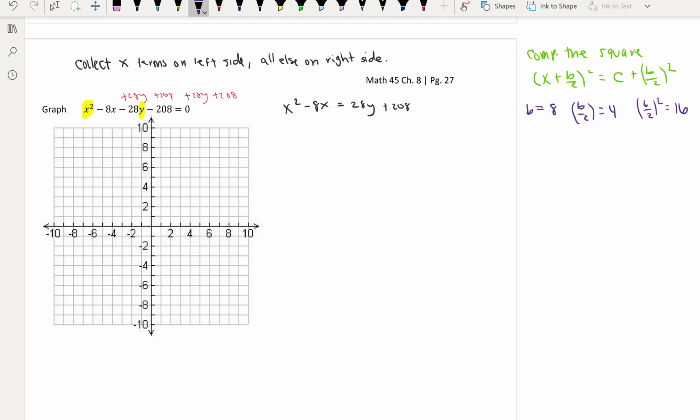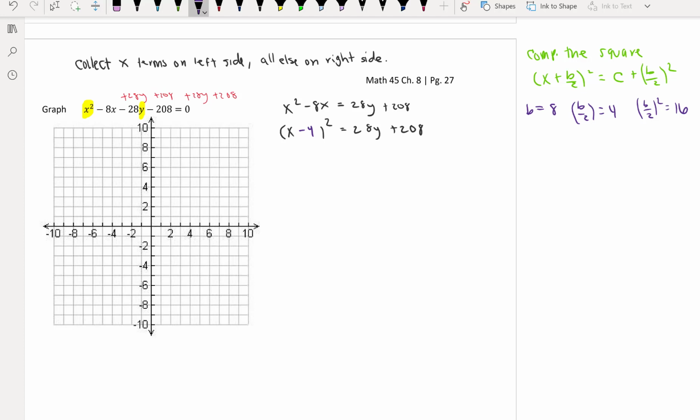So this is how it's going to play. So I'm going to have my parentheses squared, and I still have my 28y plus my 208. That hasn't changed at all. Now I'm going to be performing the completing the square. So I have x, and in this case I have my b divided by 2 value, so that's going to be my negative 4.